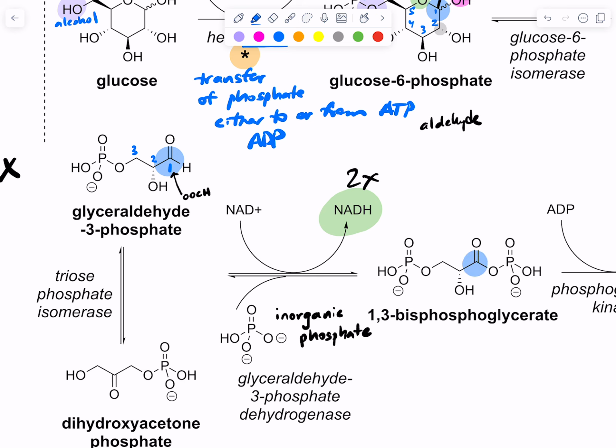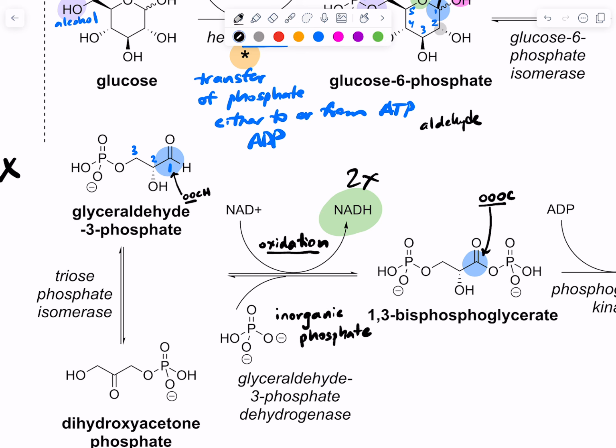Again focusing on the carbonyl carbon, this has now got 3 bonds to oxygen and 1 bond to carbon. And remember, oxidation in organic chemistry can mean either a reduction in the number of C-H bonds and/or an increase in the number of carbon-heteroatom bonds. So this process of going forward from the aldehyde to bisphosphoglycerate is oxidation.